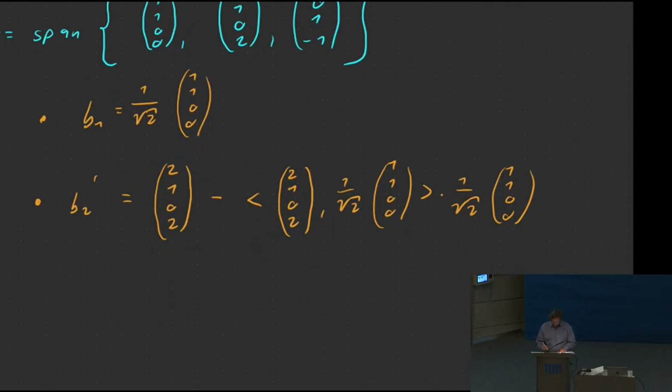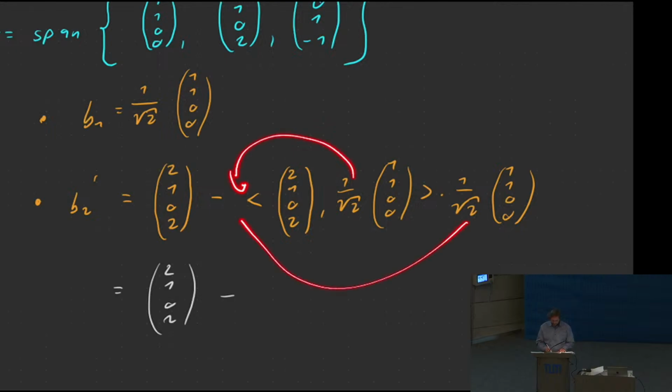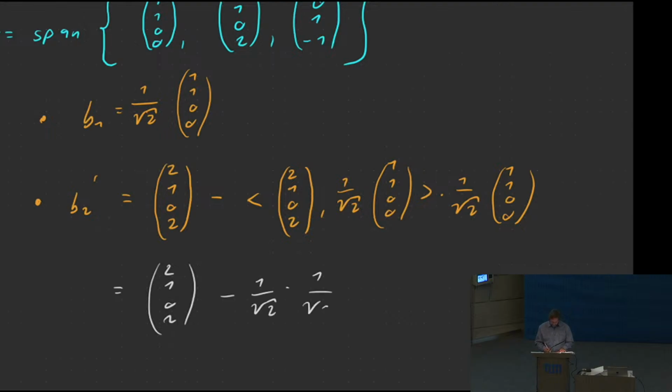Okay, so let's do the computations. Just copy the first part here. Then I'll take those two factors here. I can take that out of the scalar product, and I can take that to the front. So together, I'll get 1 over square root of 2 times 1 over square root of 2, which is 1/2, to make things a little simpler.